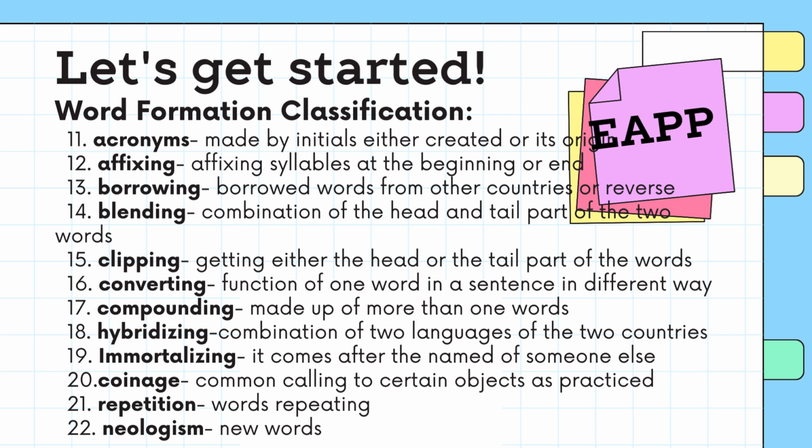And then we also have compounding. Compounding is made up of more than two words. It can be more than two words in a noun, in a preposition, and in an adjective. For example, blackbirds, safeguard. Those are nouns. Mother-in-law, editor-in-chief.